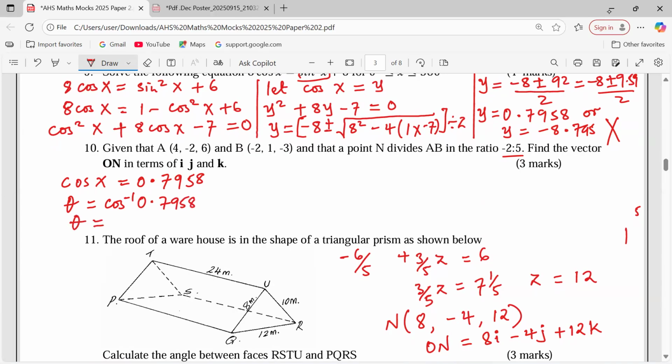This acute angle shall be used to help us. Shift cosine of 0.7958 is equal to 37.27 degrees.